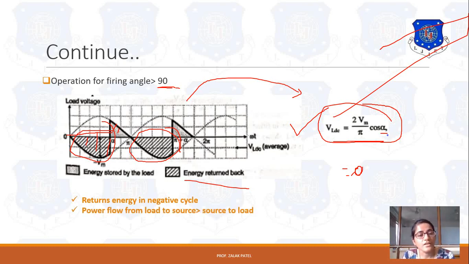Because of the larger part of the negative cycle, the power flow from load to source is more compared to the power flow from source to load.